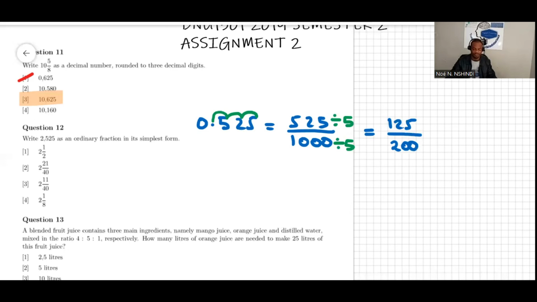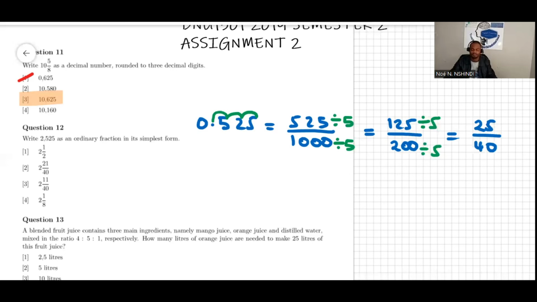Now you can divide further. You see 125, you can divide by 5 again, and the denominator also by 5. This will be 25, and then 40.